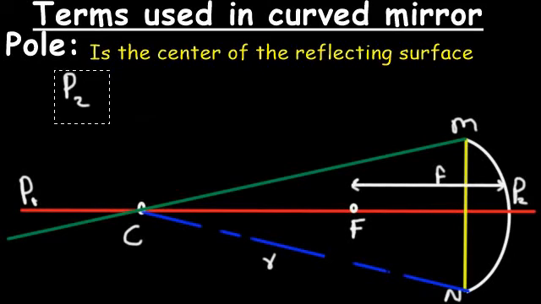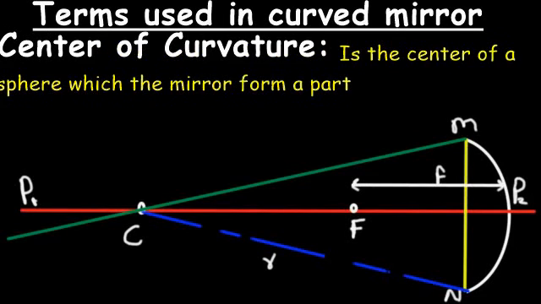Let's move right into the third one that you need to be familiar with, which is the center of curvature. Just like before, try to pause the video and figure out the center of the sphere of which the mirror forms a part. Where exactly are we talking about?